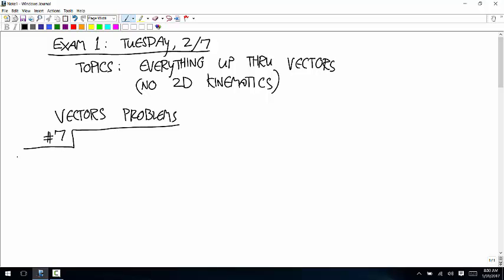All right. So number 7 says, think about this vector equation. Position final is equal to position sub 0 plus V0 times T final plus 1/2 A vector times T final squared.